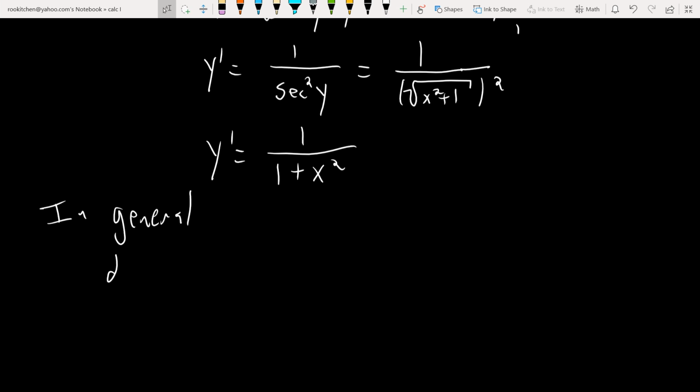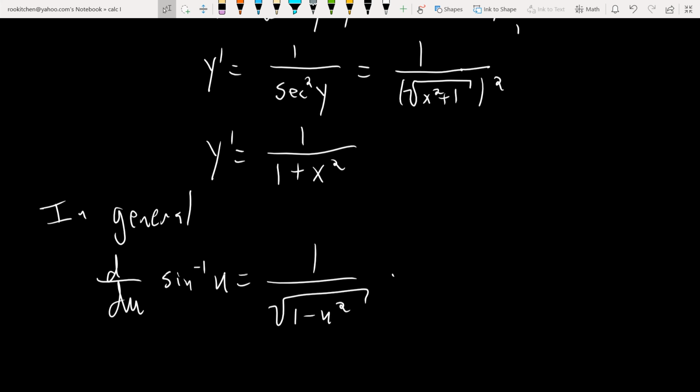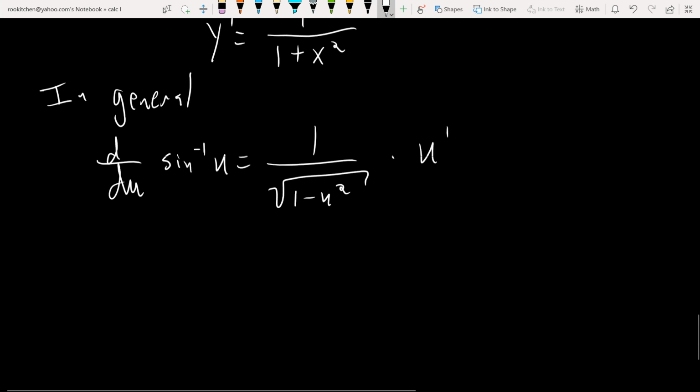The derivative with respect to u of sine inverse, which I introduced last time, will be 1 all over the square root of 1 minus u squared times the derivative of u, or you just put u prime, the derivative of the guts, basically.